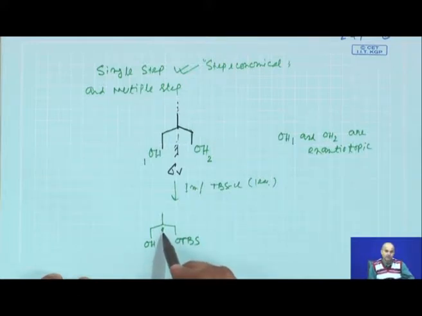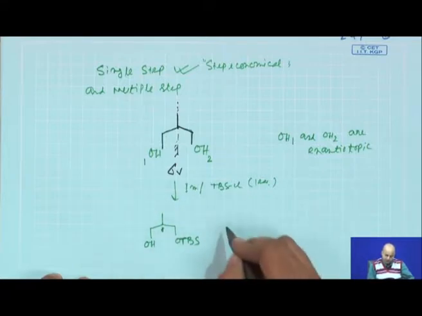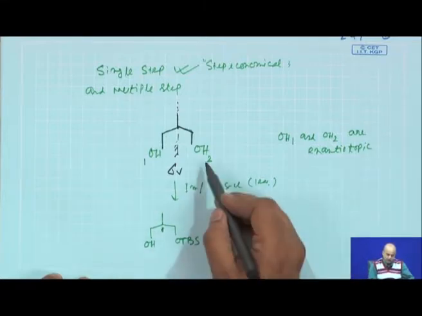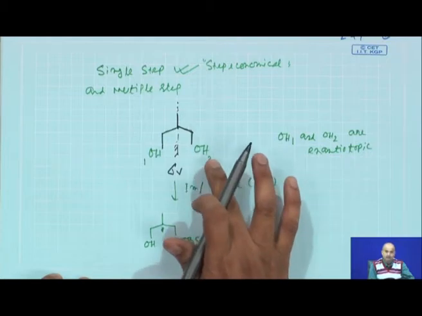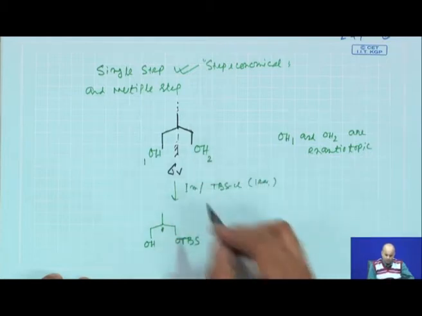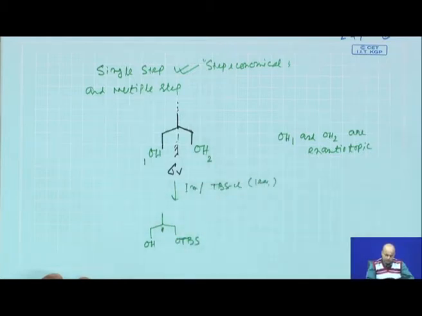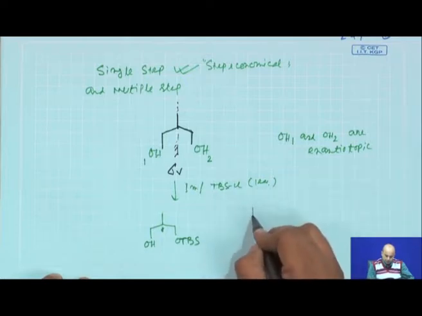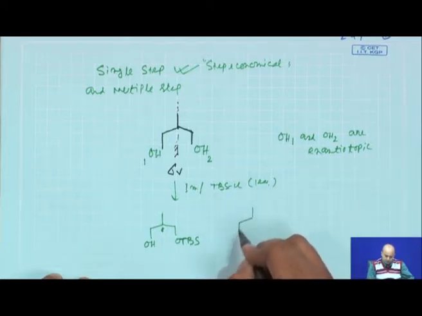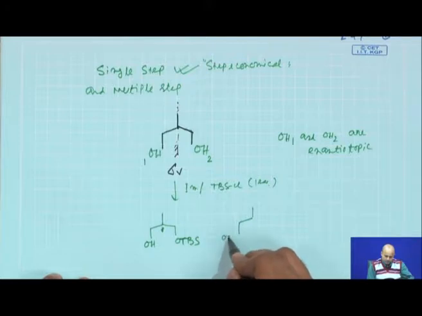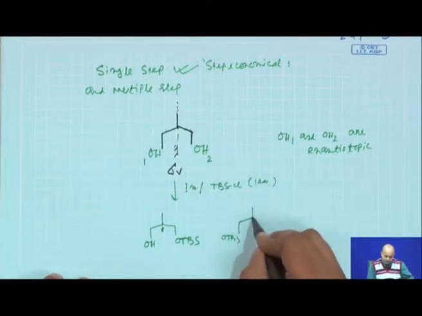So things become a little bit complicated. Now, you have only considered OH2, so what about OH1? Okay, now you convert OH1 instead, which will give you this OTBS where OH2 remains as it was.